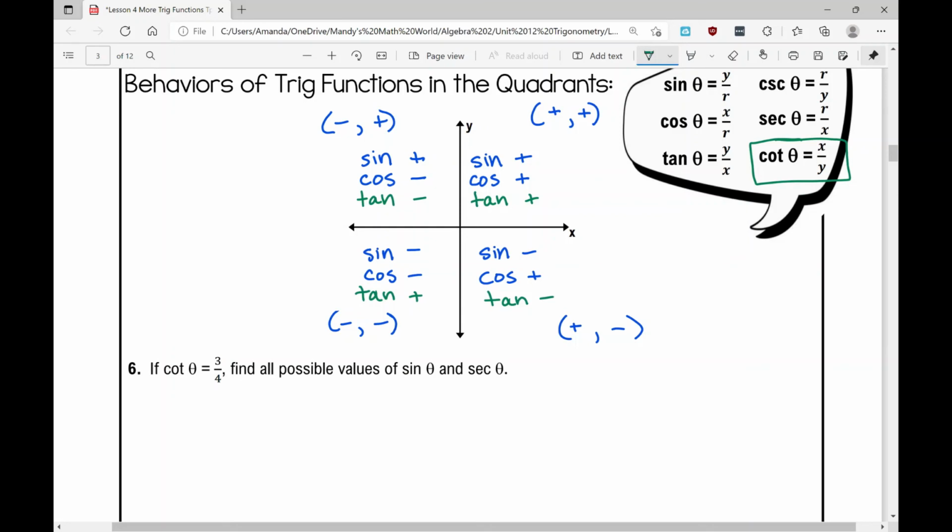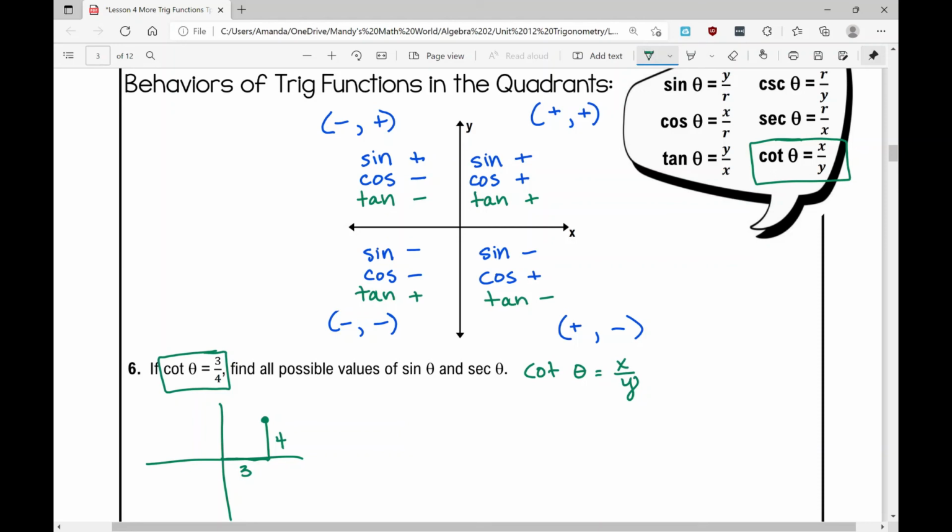So if cotangent theta is positive, where is tangent theta positive? In our first and third quadrants. We know cotangent theta to be x over y. If that's 3 over 4, then I'm going to go out 3 and up 4 to get this point.